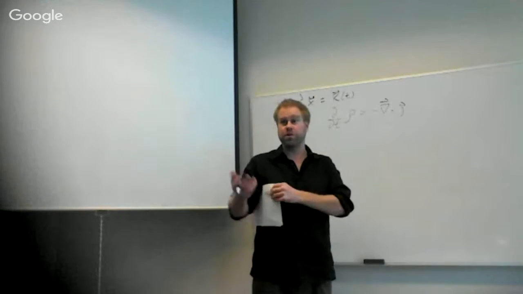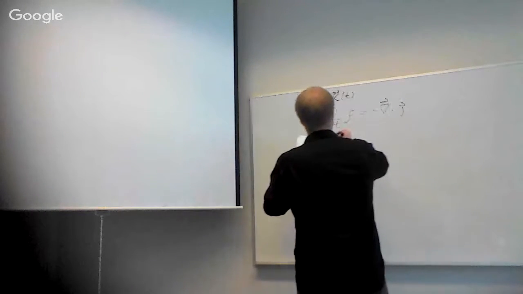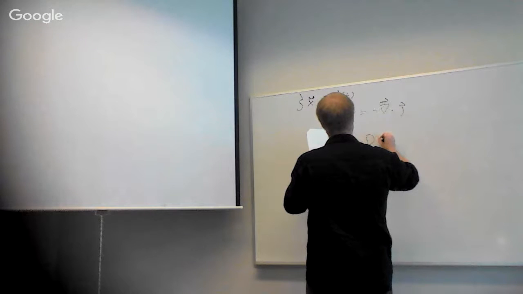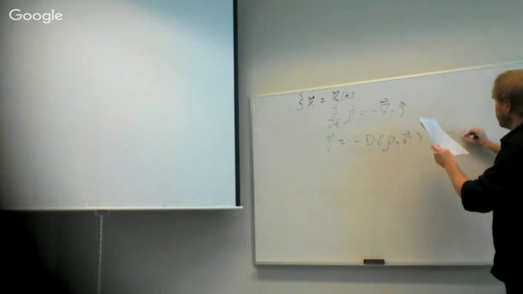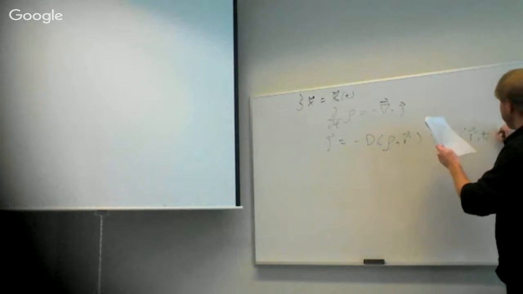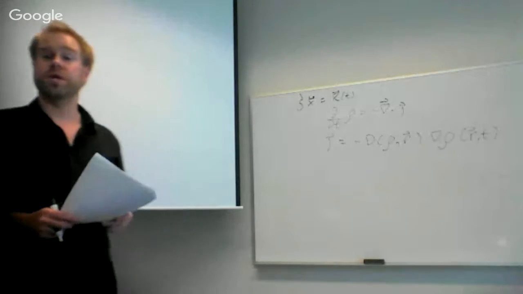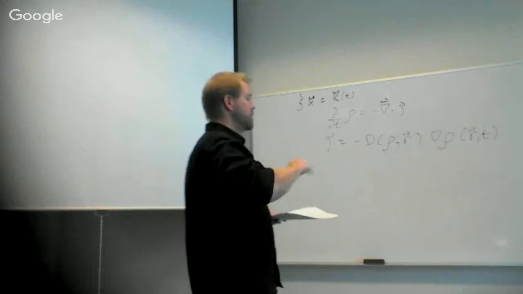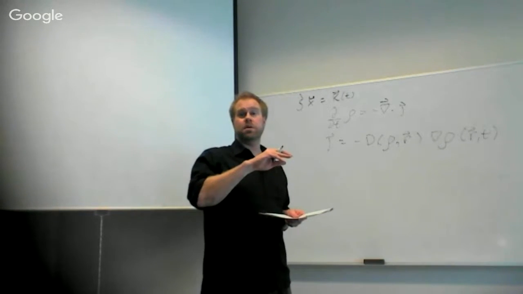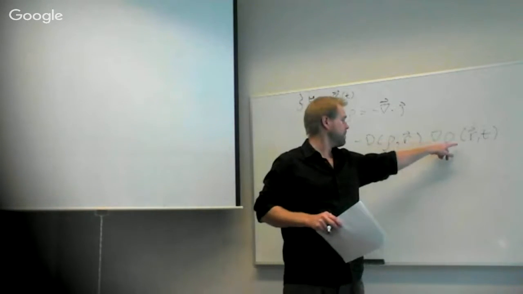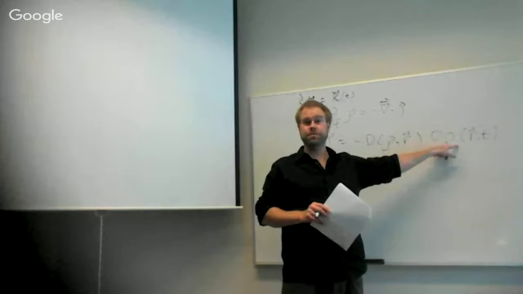But remember Fick's law. In the most general terms, it tells us that if we have a distribution that is not continuous, there will be a flux of particles, basically in the negative gradient of the distribution.